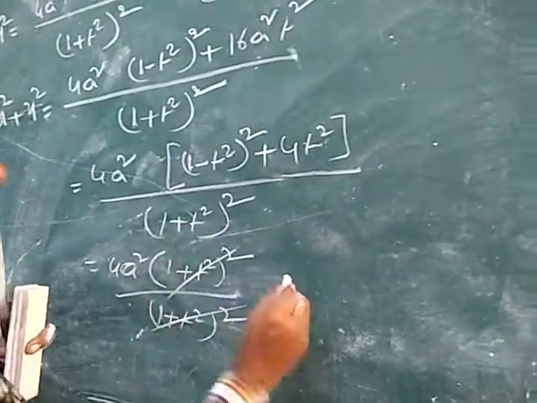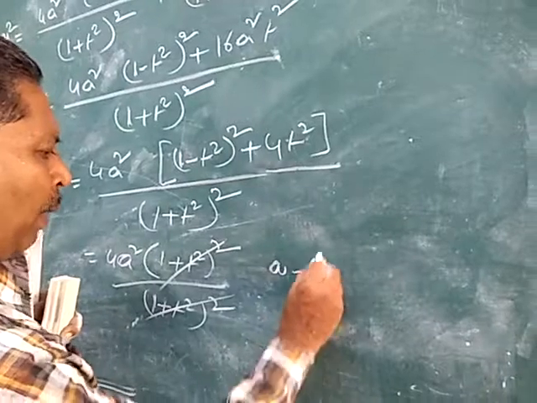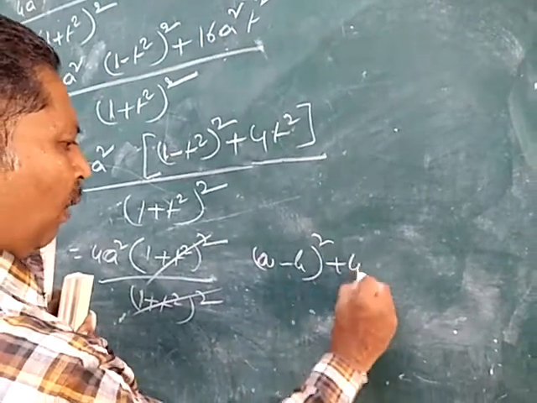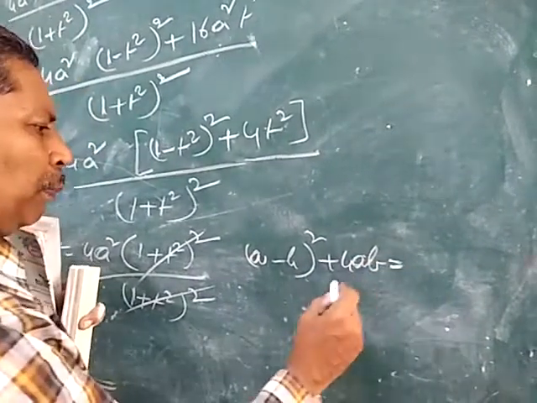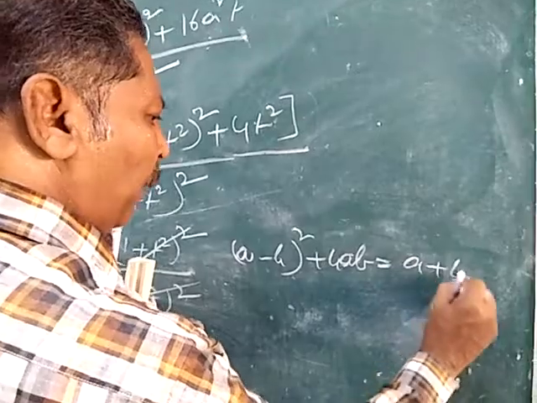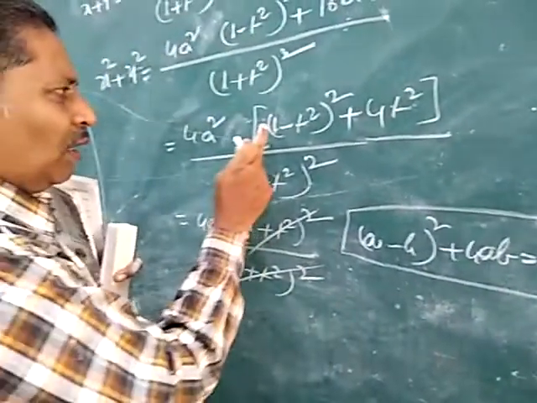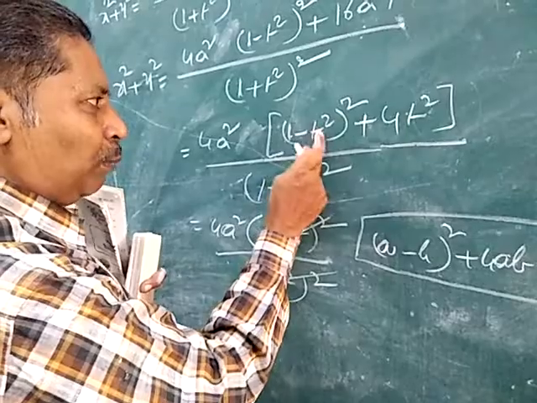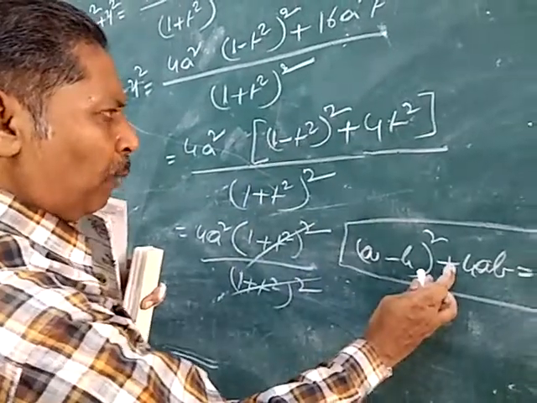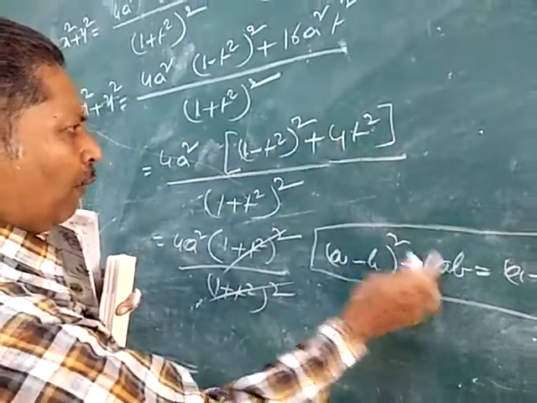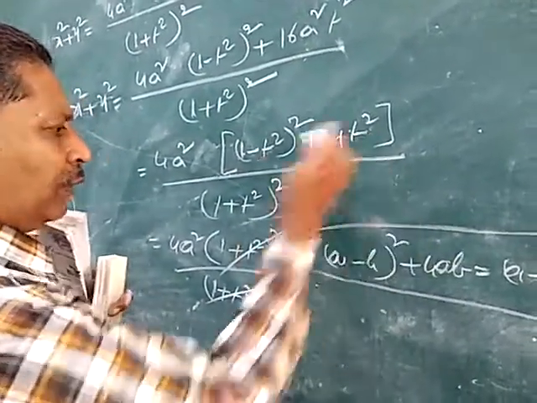In this step we apply the formula (a minus b) whole square plus 4ab equals (a plus b) whole square. So this is (a minus b) whole square plus 4, with a value 1, b value t square.